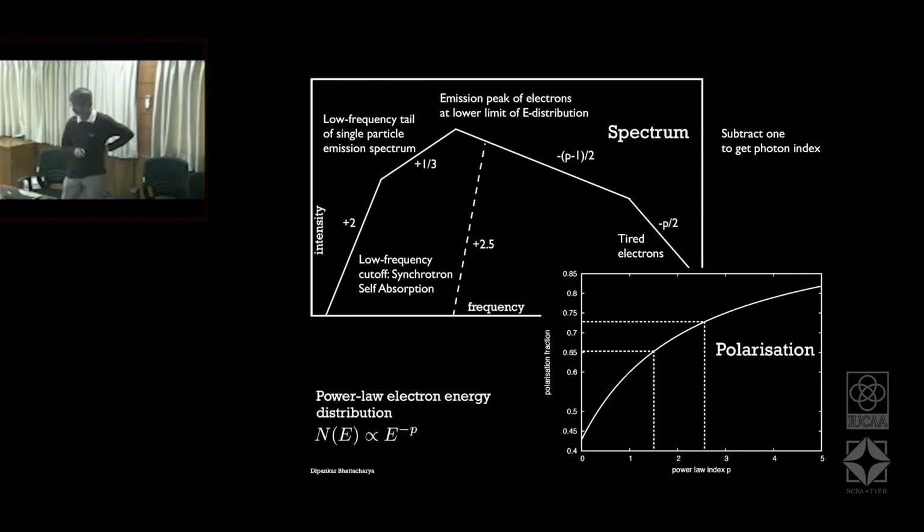If you have a collection of particles with different energies, with a dropping spectrum, now, if the synchrotron frequency corresponding to the minimum energy of the distribution is located here, and you are looking at a frequency of emission which is much lower than that, then the characteristic energy of particles which are responsible for emission at that lower frequency is actually the lowest energy particles here.